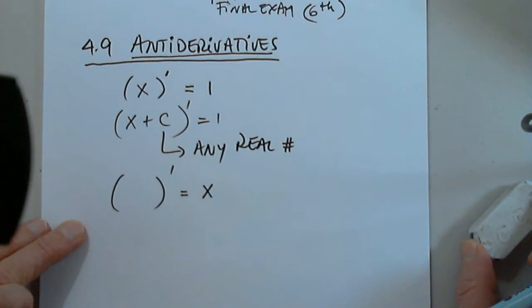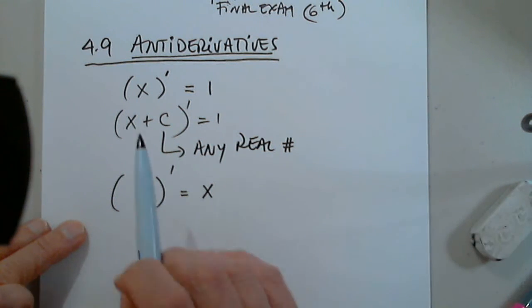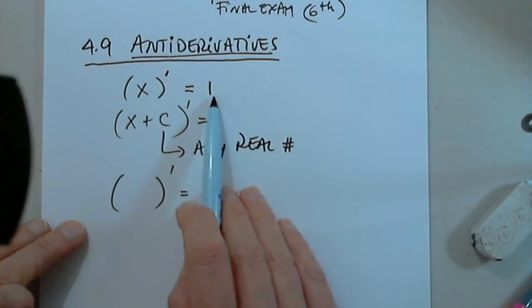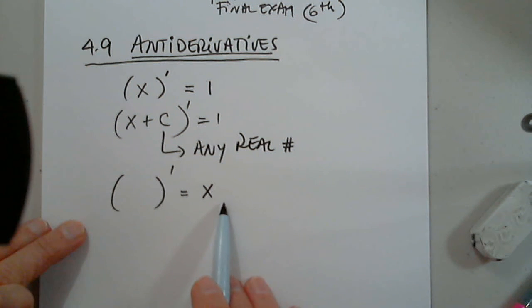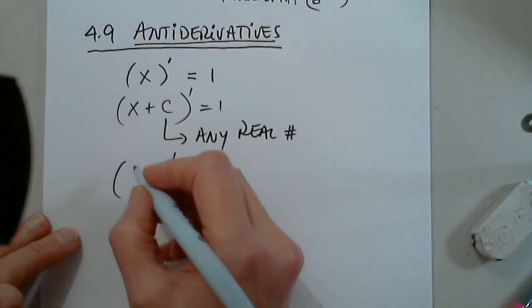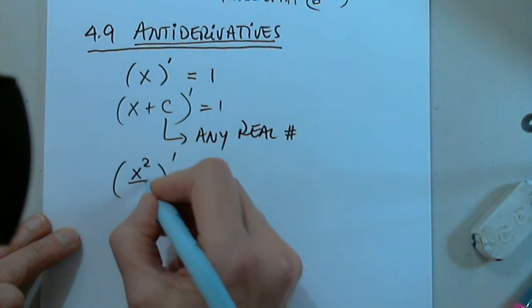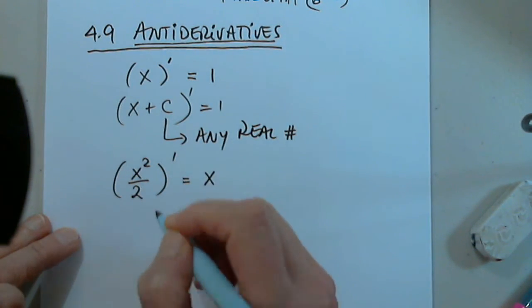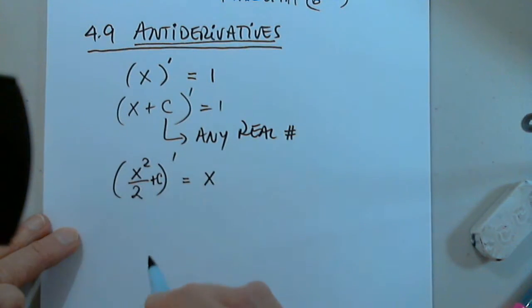F of x. True. But as we had here, x prime is 1. What prime is x? Well, we increase the power by 1 and we divide by that number. Of course, plus a constant c.